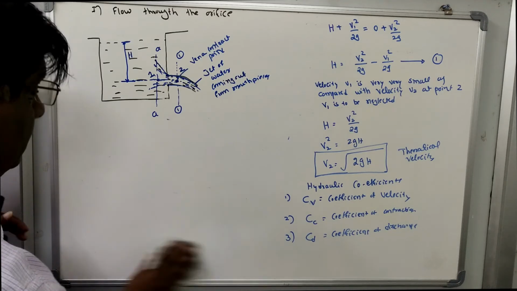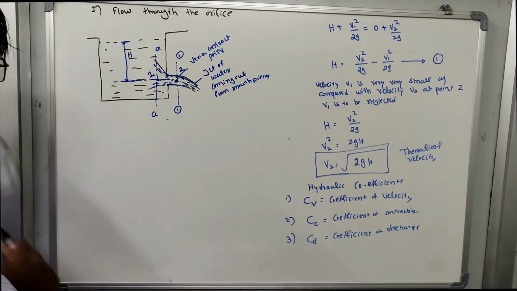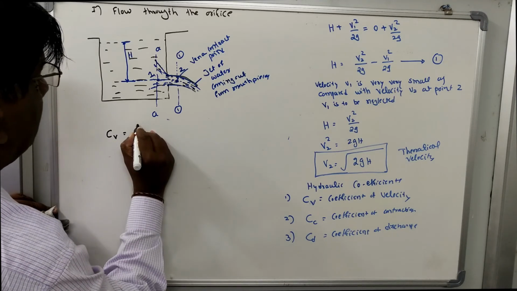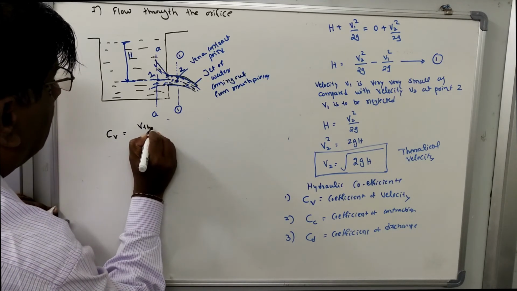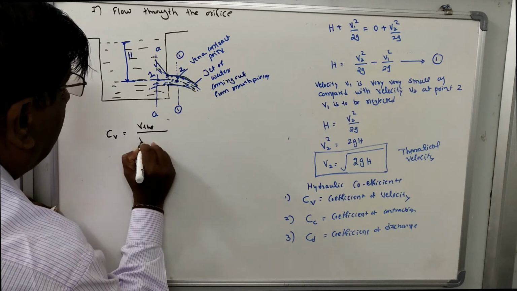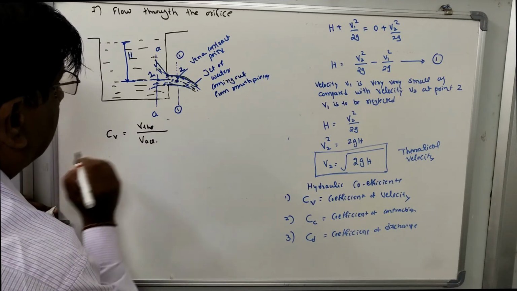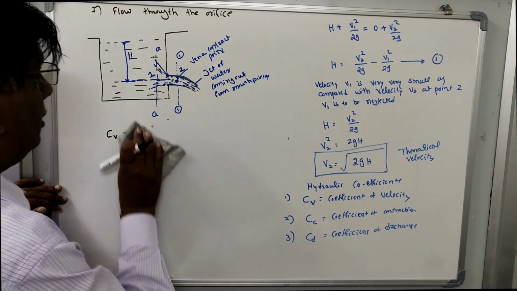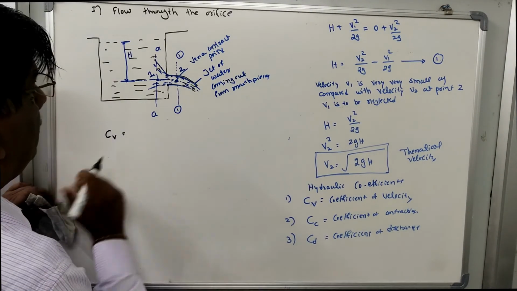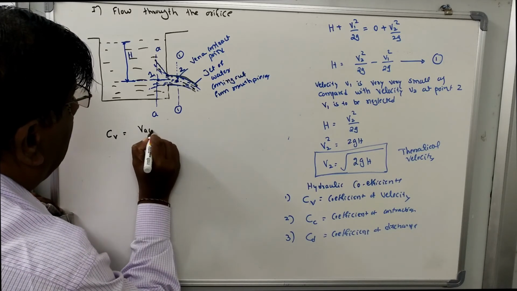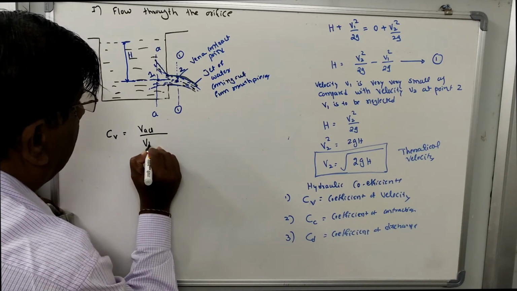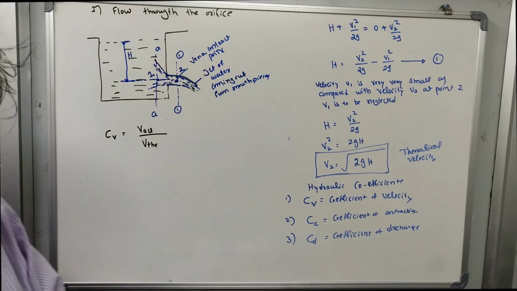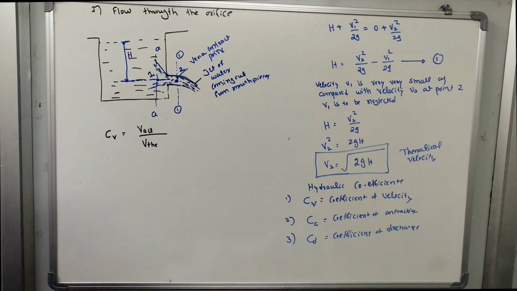CV is equal to V actual divided by V theoretical.